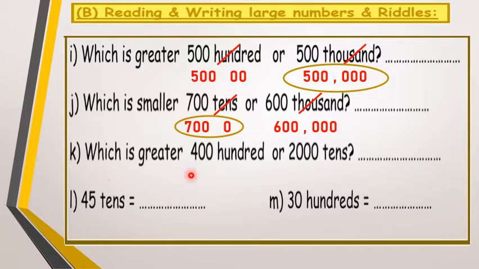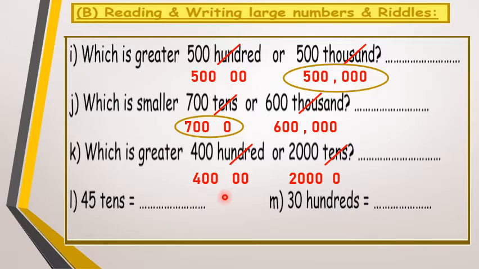So which is greater here, 400 hundreds or 2,000 tens? Here, as we used to, cancel hundreds and instead of it write 2 zeros, so it's going to be 40,000. And instead of tens, cancel tens and I put 1 zero, so it's going to be 20,000.